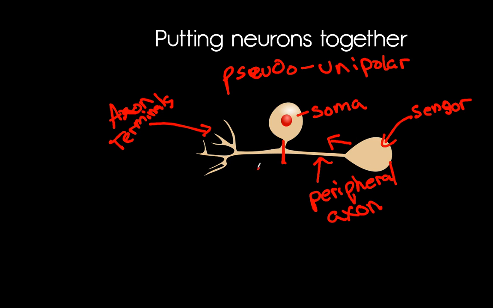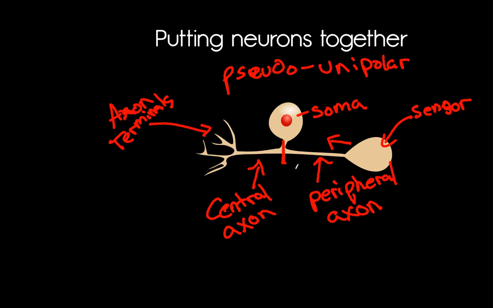And then on the terminal side of the axon, we have what is the central axon. So this is just another kind of configuration that happens sometimes in the nervous system, and we're going to be using them to illustrate some things in just a moment. So I wanted to familiarize you with these types of neuron configurations.